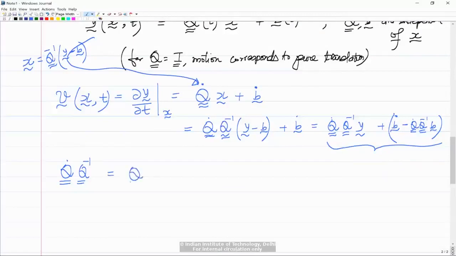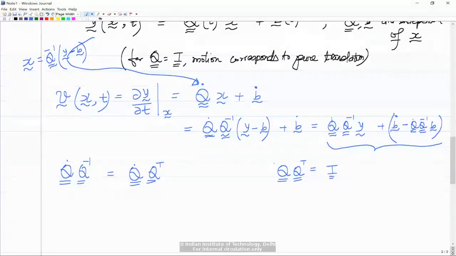So we can write that this is same as q dot q transpose. And we also know for a rotation tensor that q q transpose is equal to identity, because q transpose is its inverse. Notice that q is function of time, but q into q transpose is a constant identity.